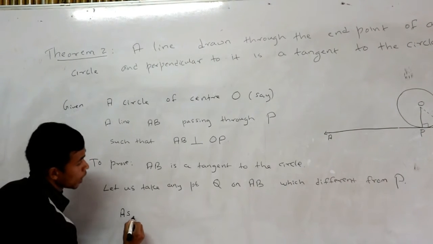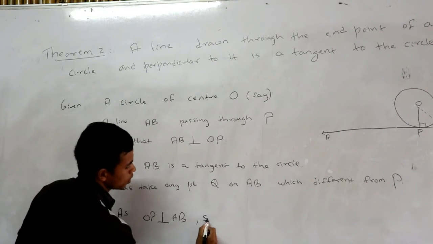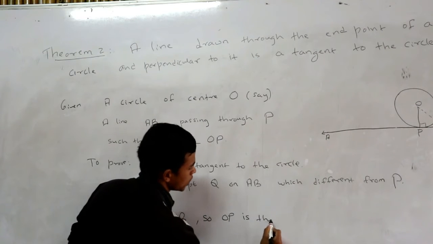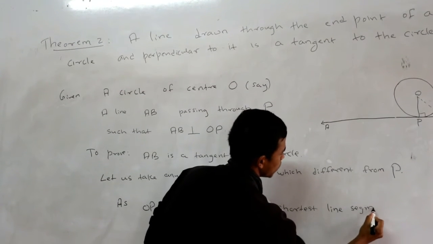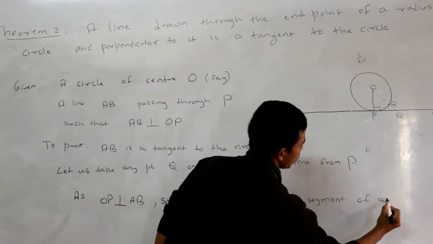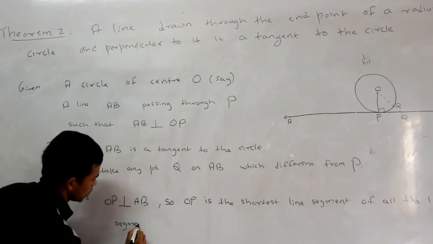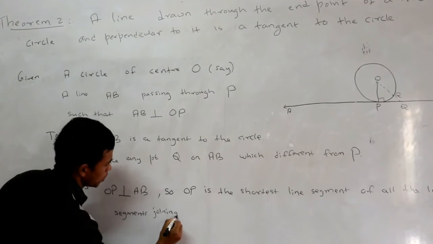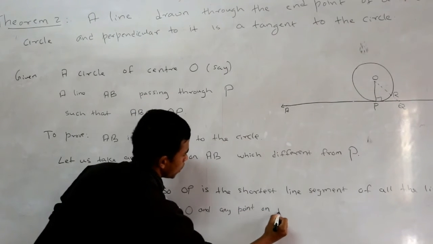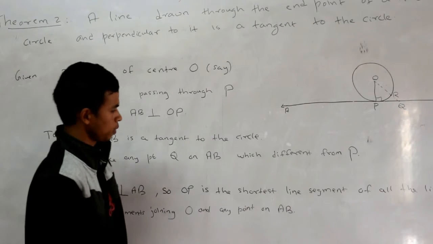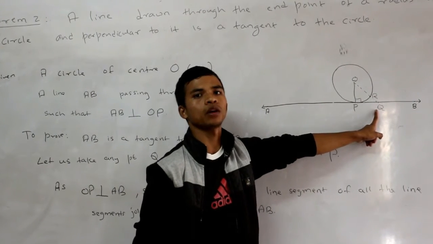So as OP is perpendicular to AB, OP is the shortest line segment of all the line segments joining O and any point on AB.